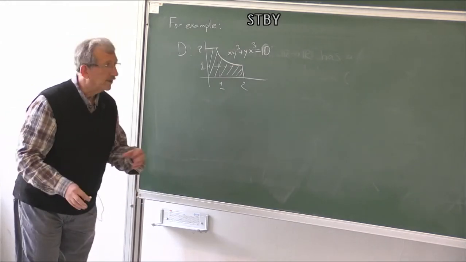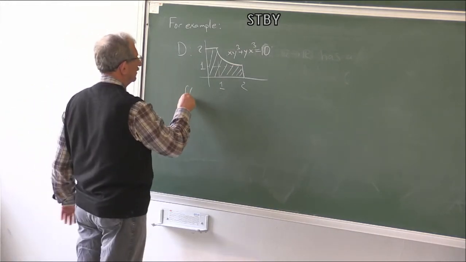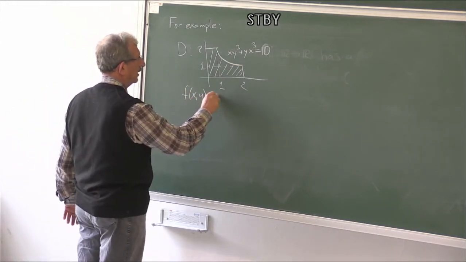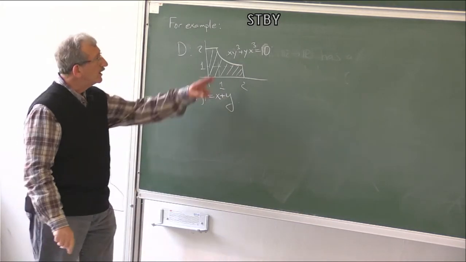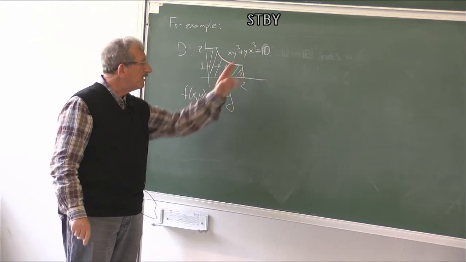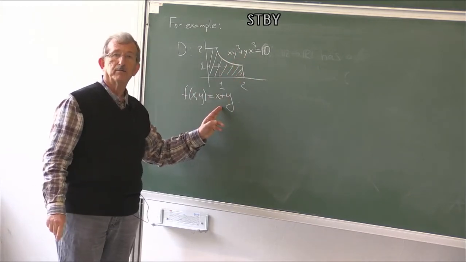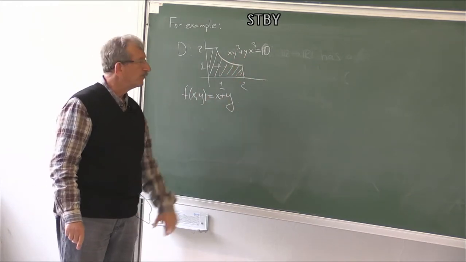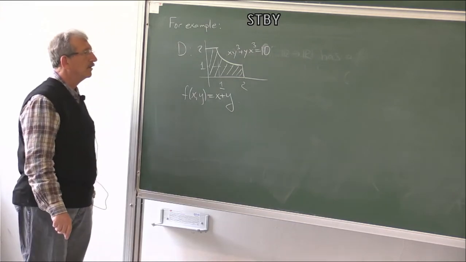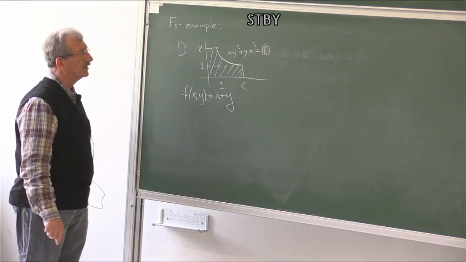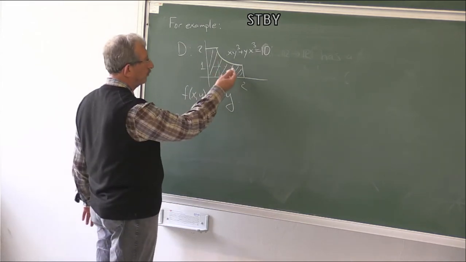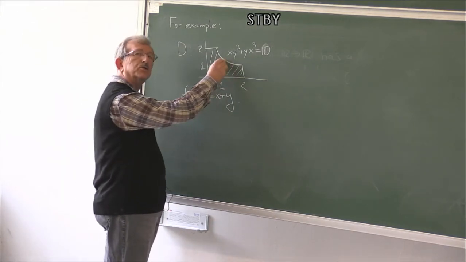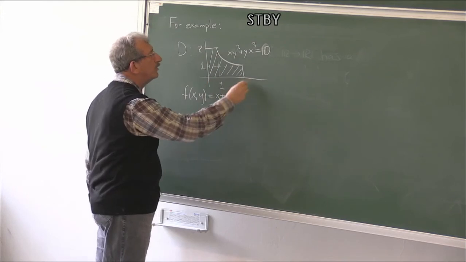What's the problem here? Well, the function is x plus 1. A very simple function, but you cannot solve for x or y from here and put it back in here. So there is a problem, because it's given implicitly. Obviously, there are 4 or 5 pieces in this question as the boundary.